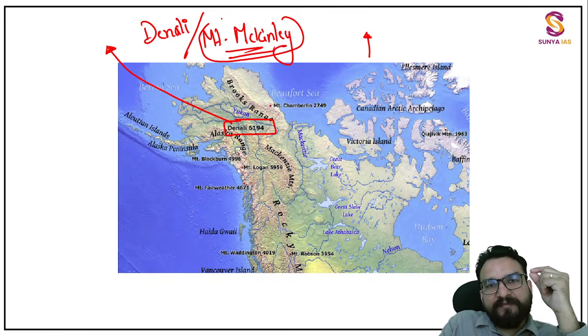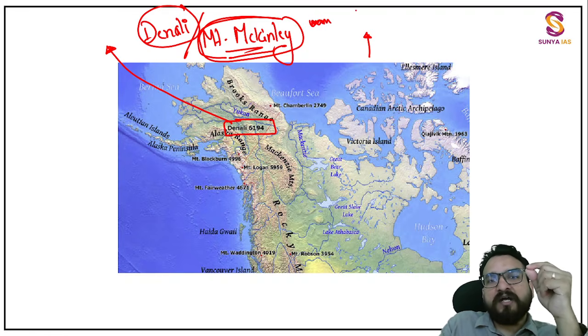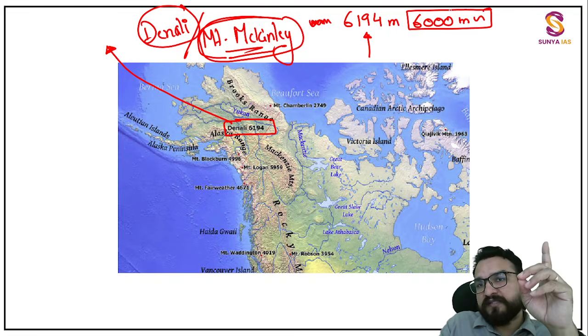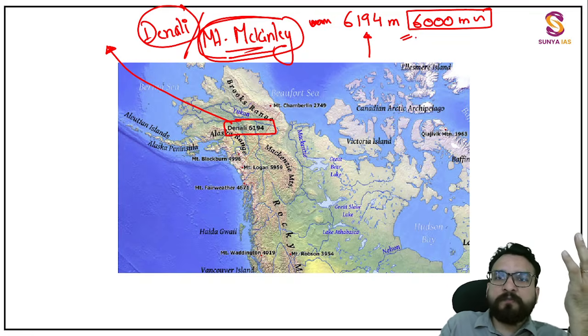So in the examination they will give you either Mount McKinley or Denali. What else you have to learn from here? You have to learn its exact height also, and its height is 6194 meters. So I suggest you remember 6,000 meters. Though I am not saying remember every mountain's height, remember this one. It might be asked in any form by the UPSC.